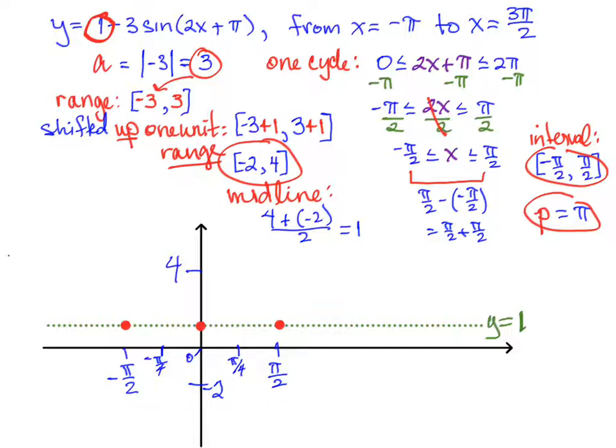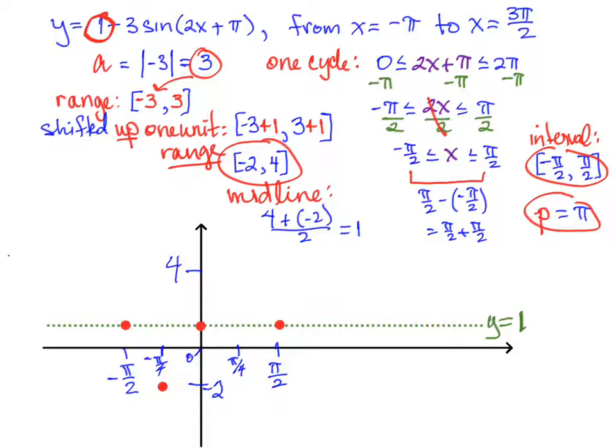So when we look at the equation, y equals 1 minus 3 sine of all that other stuff, it does have a minus sign. So that means it's been reflected. So we're actually going down from our first key point to our second key point. So our second key point is down at negative 2.